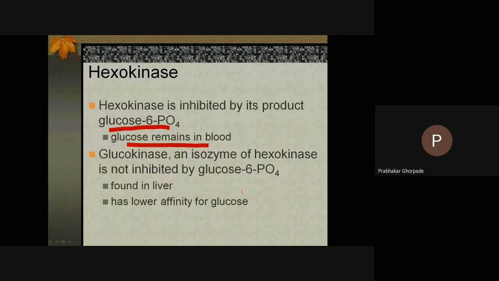So the liver has devised another isoenzyme, glucokinase, which serves a similar function of converting glucose to glucose 6-phosphate but is not inhibited by this end product. It has a lower affinity for glucose. Isoenzymes catalyze similar reactions but have some structural differences.